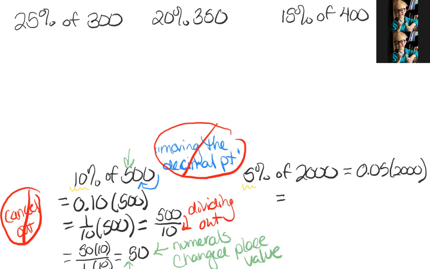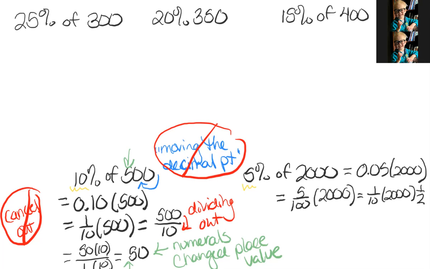So this would be 5%, 5 over 100 of 2,000. But maybe I don't know what that is. But I know 1/10 of 2,000, or 10 over 100, if you want to think about that. And then I just want half of that.